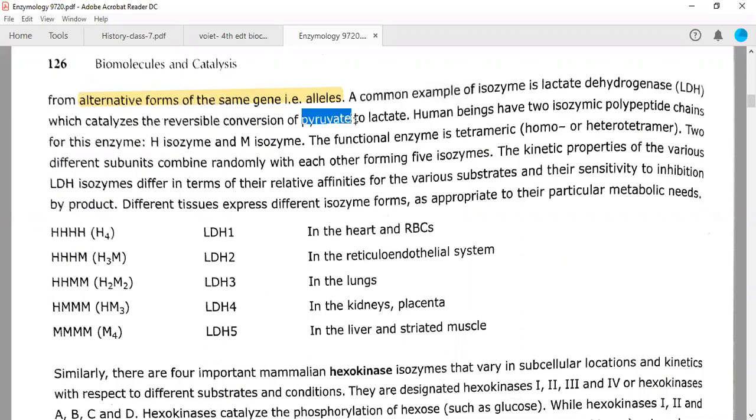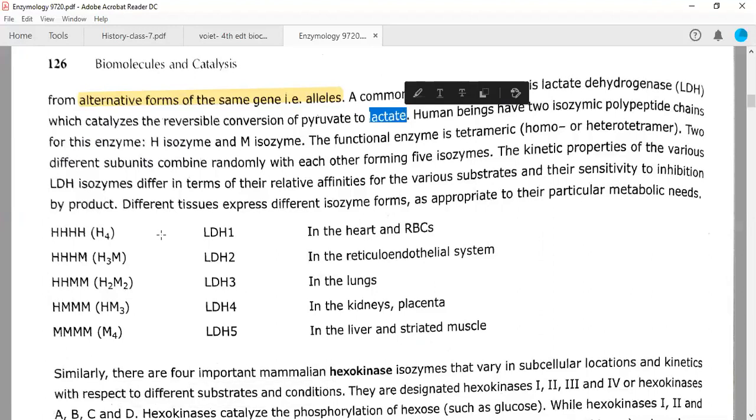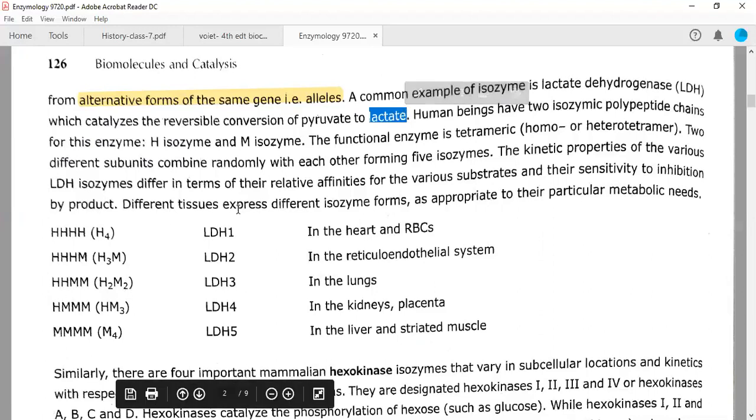So most of your glucose will be broken down into pyruvate, because you get most of your energy during such exercise from the glycolytic pathway, and it results in lots of pyruvate. Then lactate dehydrogenase, which is present in your striated and skeletal muscle cells, converts this into lactic acid or lactate, and this creates the problem. So the reaction catalyzed by lactate dehydrogenase is the conversion of pyruvate into lactic acid.